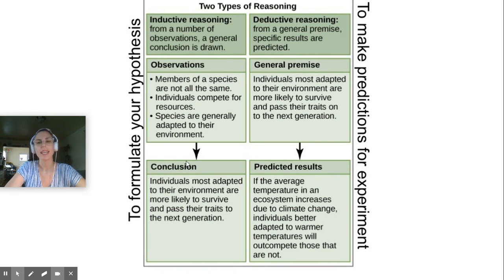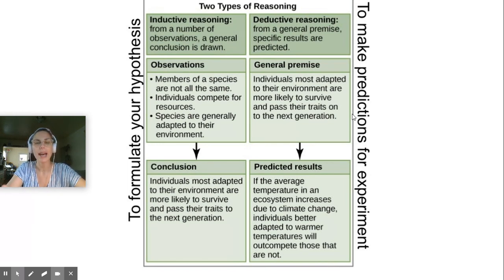But for us to get it into that if-then-because format that I'm expecting, we actually need to use what is called deductive reasoning, where we're using information from a general premise and thinking that it will apply to our prediction. So for example, we know of this general premise that individuals that are most adapted to their environment are more likely to pass on their traits to the next generation.